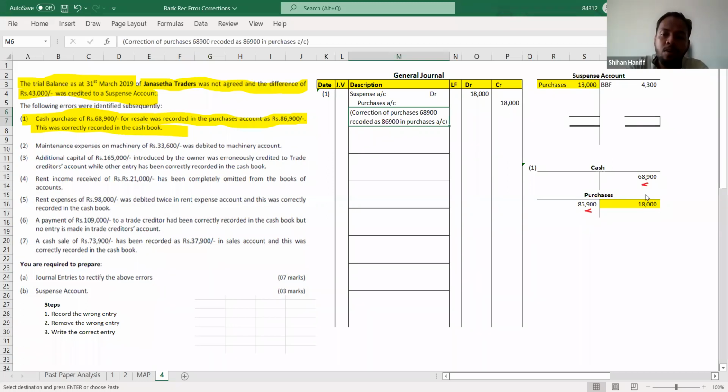Now, once you credit 18,000 to the purchases account, there is no error in the ledger, right? So if you credit an account, you have to debit that amount in a different account. Every debit should have a credit. Same way, every credit should have a debit. So that is why when you credit 18,000 to purchases account, that has to be debited to the suspense account.